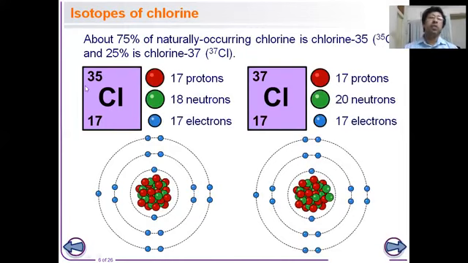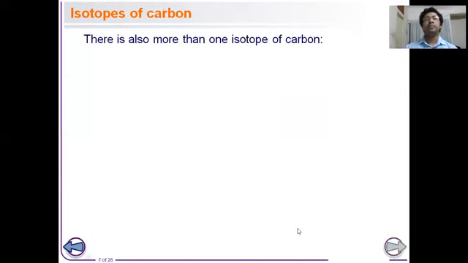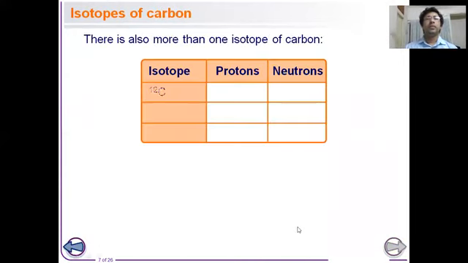Here the neutron number of this chlorine is 18. Here it is 20. Again, the three isotopes of carbon are shown here. Carbon 12, carbon 13, and carbon 14. Then neutron numbers are different. Proton numbers should be the same.